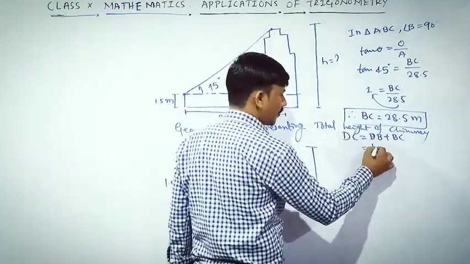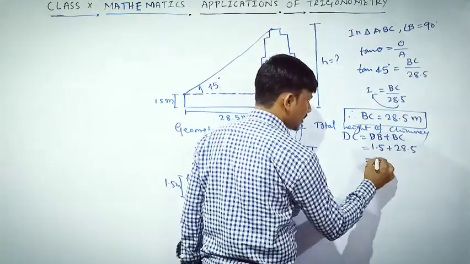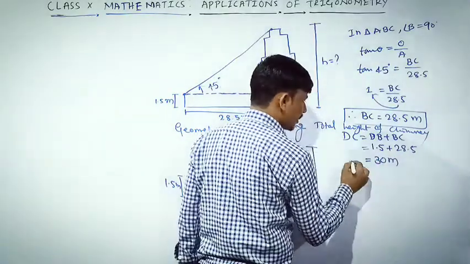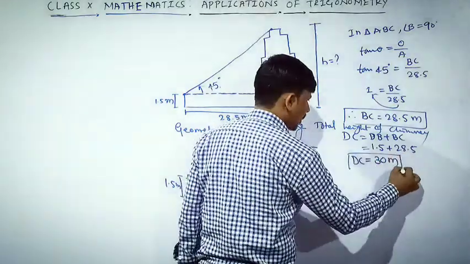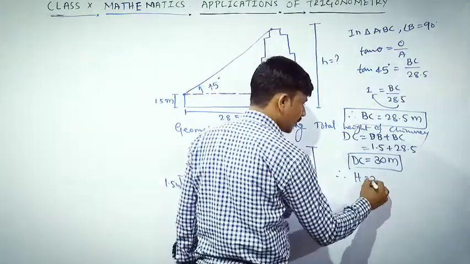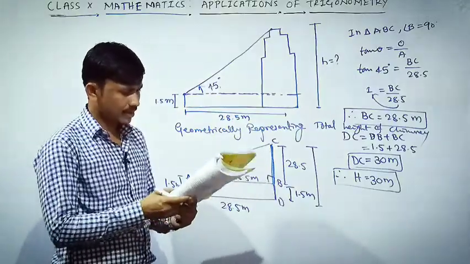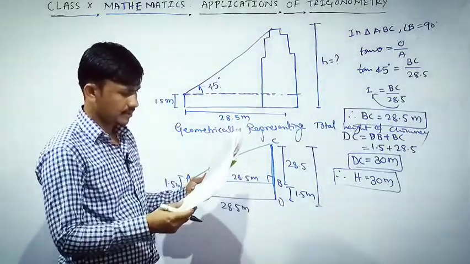DB is 1.5 plus what is BC? 28.5. Total answer is 30 meter. DC is equal to 30 meter. That is the height of the chimney is equal to 30 meter, is the answer. Okay, check the answer. Correct.